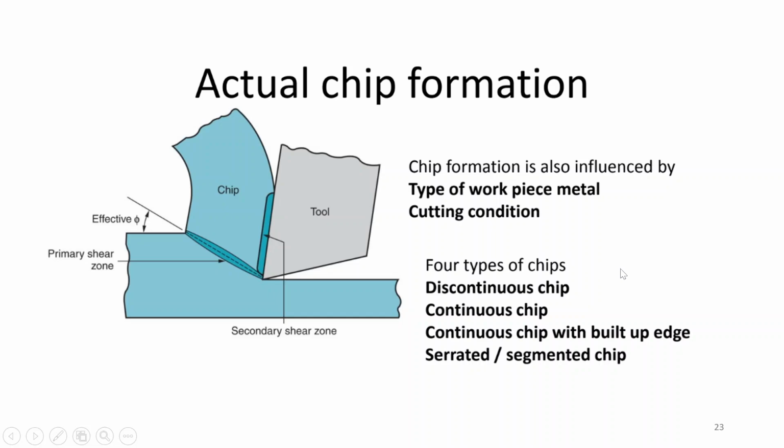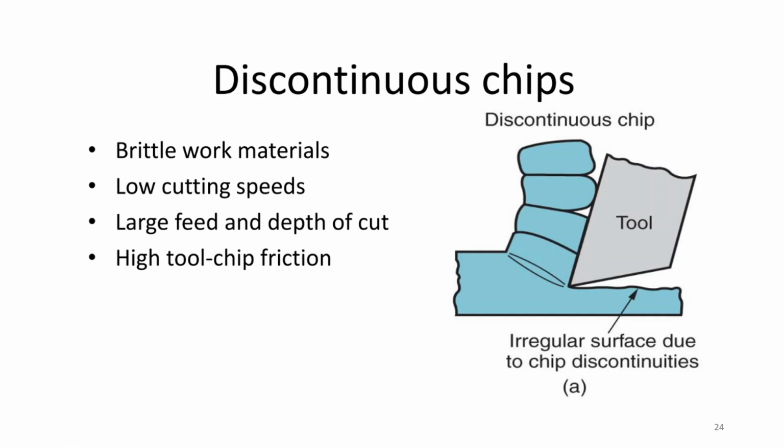There are 4 types of chips: discontinuous chip, continuous chip, continuous chip with build-up edges, and serrated or segmented chips. Now first you have discontinuous chips. Here these are the favorable conditions for formation of discontinuous chips.